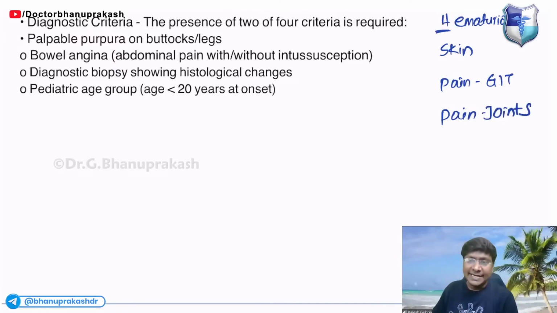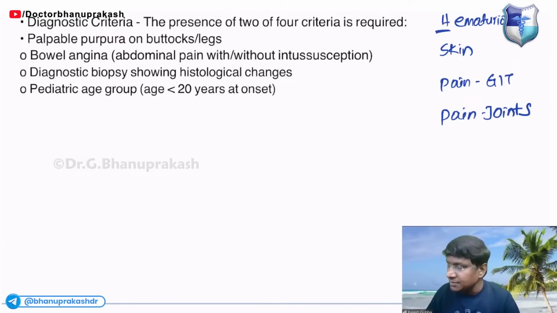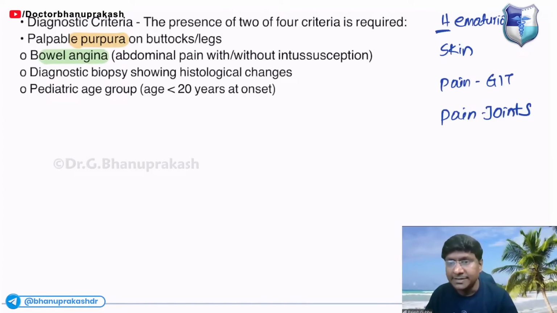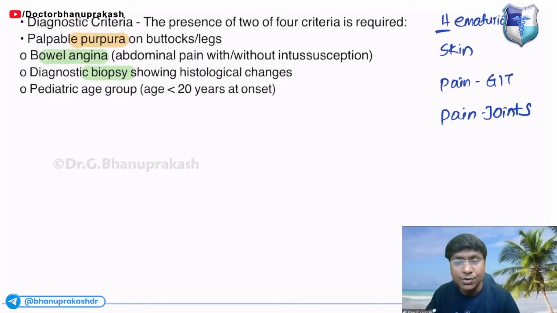Okay. Now, in the diagnostic criteria, 4 important criteria are there. Out of 4, at least 2 should be there. Number 1, palpable purpura. Number 2, the abdominal bowel angina, where you have the GIT involvement. Then next important is the biopsy, where the biopsy will show that there is IgA vasculitis.